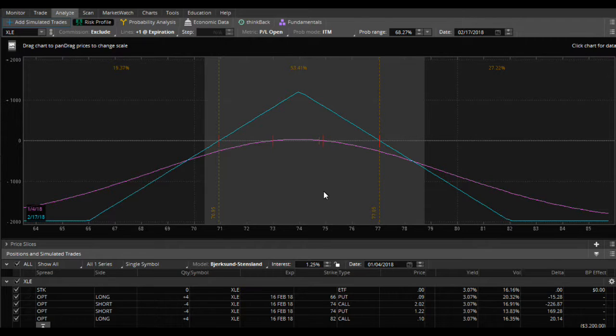So we currently have a probability of profit at 53.41%. Now we are centered over the 74 strike, so I'm a little bearish on the security. Our break-evens are all the way from 70.95 to 77.05, so really nice and wide break-evens here in XLE.